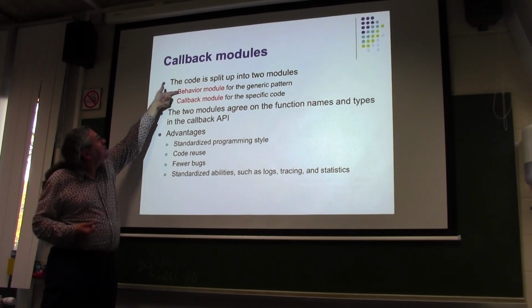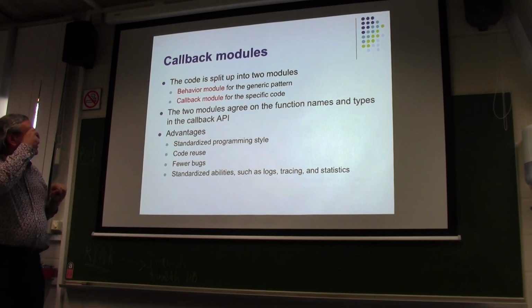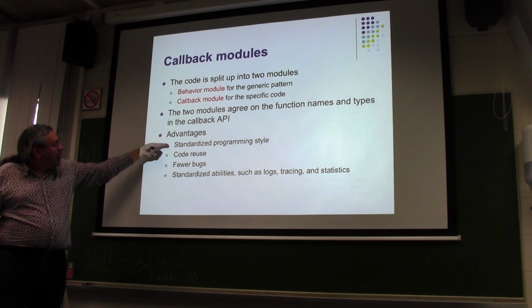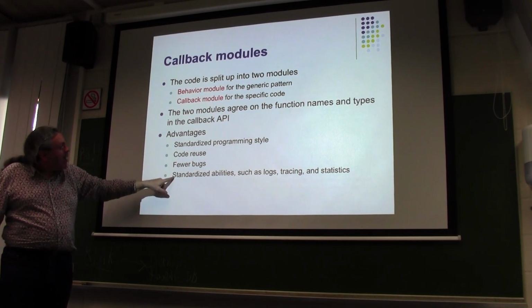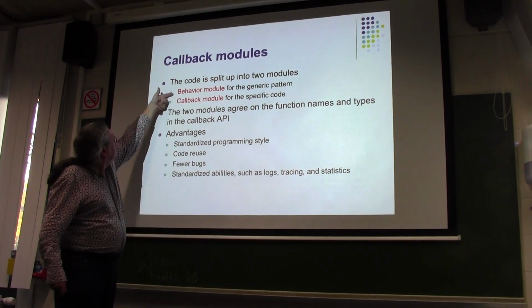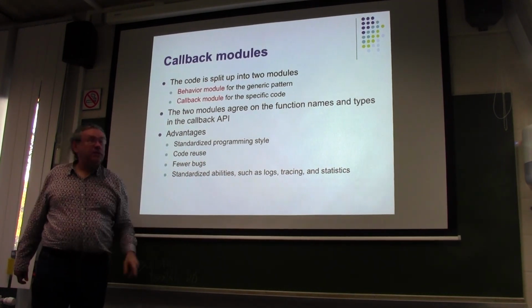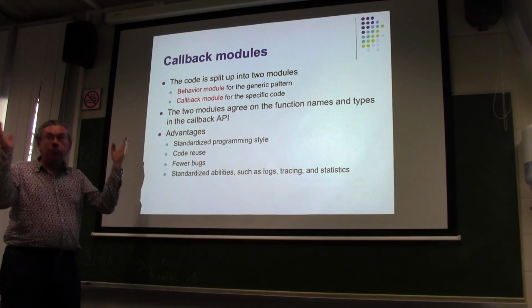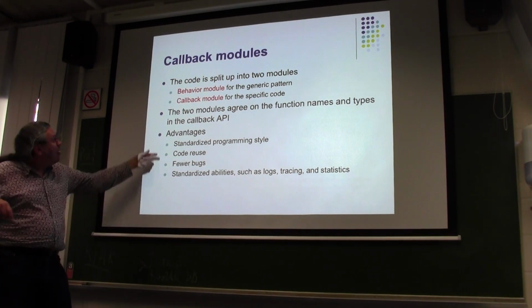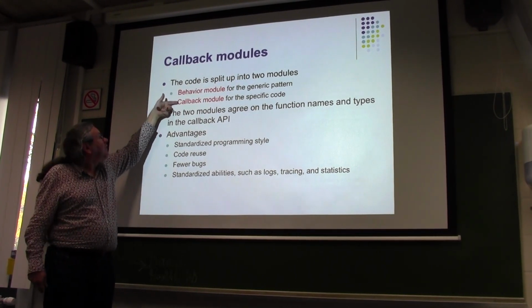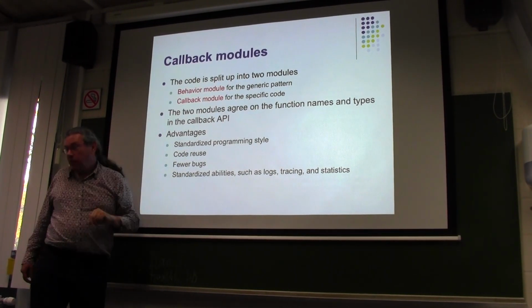The behavior will be the same for all servers. So this is code reuse, standardized, fewer bugs. The behavior module can do statistics, profiling, tracing, logs, supervisors, whatever, and the callback does not have to change. It's really nice to do it like this.